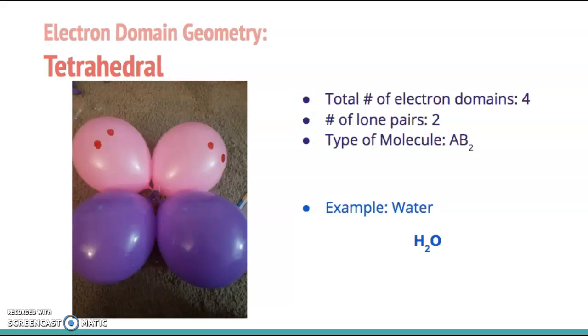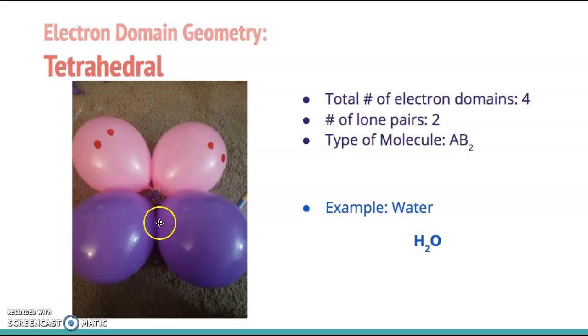Our next shape is tetrahedral. So we have a total of 4 electron domains, 1, 2, 3, and 4. We have 2 lone pairs, so this pink balloon here and this second pink balloon. The type of molecule is AB2, and this subscript here just means the number of bonded locations.